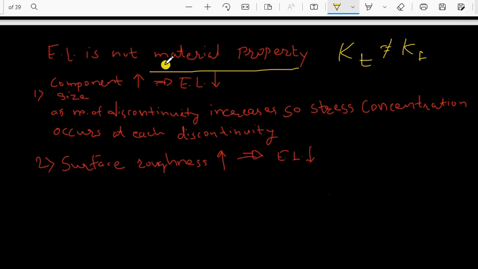So we will first discuss theoretically: the maximum stress which a component can sustain for infinite life before the fatigue failure will be dependent only upon the size and the surface finish. This is related to the notch and all.